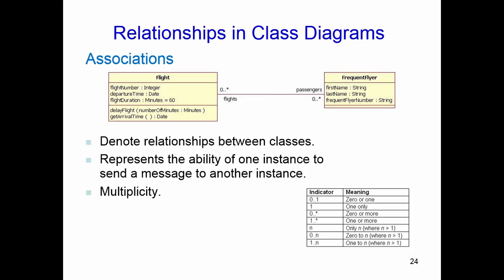You can have 0 or more flights, or 0 or more frequent flyers on every flight. But also you can have 0 or 1, or binary. You can have only 1. You can have 1 or more n, where n is greater than 1, 0 to n, and 1 to n.